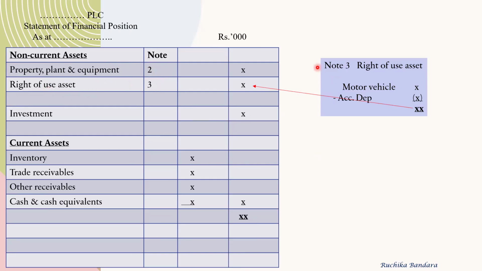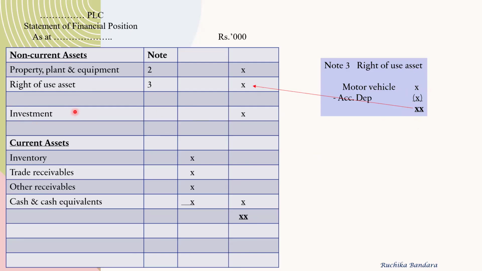We have to write it down separately. So the note number 3, right of use asset, I have taken as a motor vehicle. You can get the motor vehicle value minus accumulated depreciation. You get an answer. That answer you have to transfer to the format.